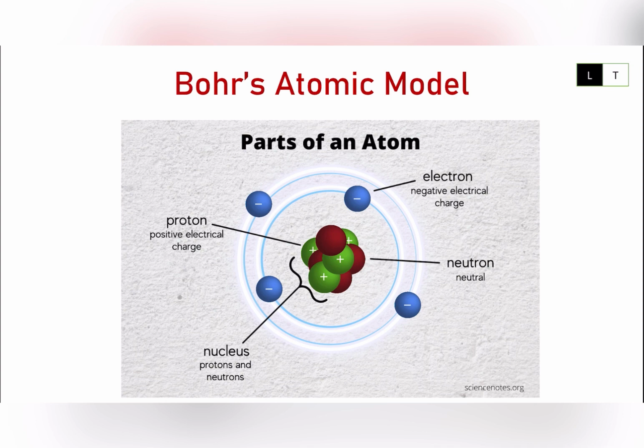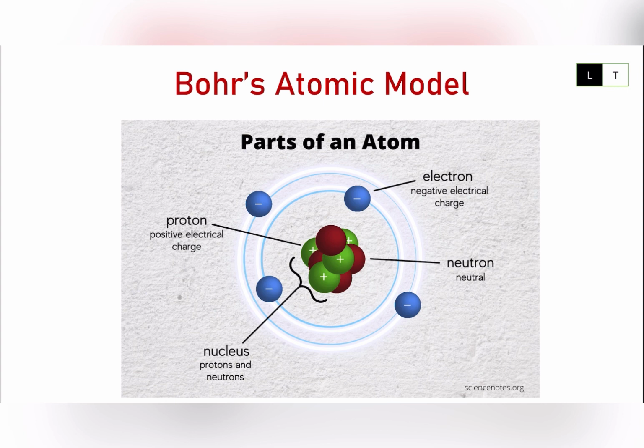A shell closer to the nucleus has lower energy, while one farther away has higher energy. If an electron jumps to a lower energy orbit, it will give out the extra energy in the form of radiation, thereby maintaining atomic stability. For example, from the second shell to the first shell. Even though Bohr's model doesn't hold true for complex multi-electron systems, this model is still the most popular representation of atomic structure in most textbooks.